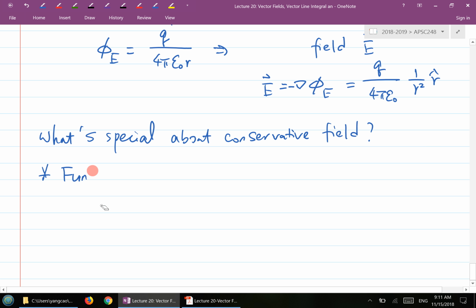We have a very important theorem. It's called the fundamental theorem of calculus. Before I finish here, I should remind you, what's the fundamental theorem of calculus?